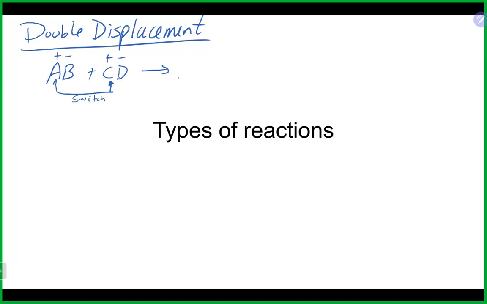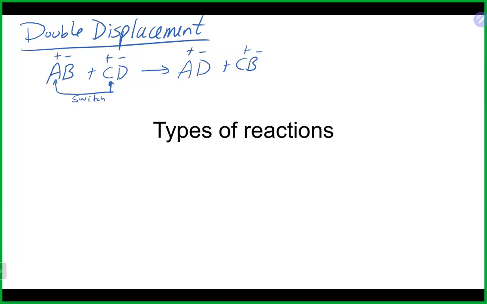And on the other side, you form 2 new ionic compounds. And as we'll talk about, there are other ways that you can classify double displacement more specifically. Sometimes those guys on the other side will form a solid, which is known as a precipitation reaction. And sometimes they may form water, which is very common what happens in an acid-base reaction.